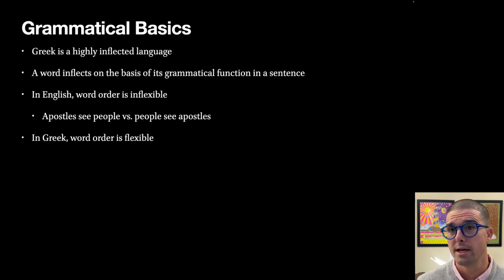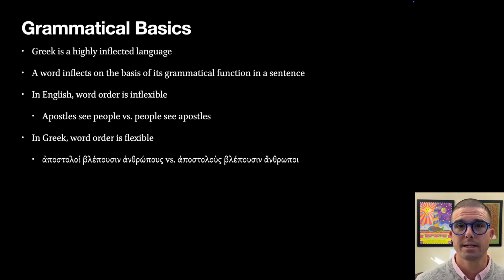In Greek, word order is flexible. You could have the same words in the same order and mean different things because the form of the word would change just slightly to indicate what the subject of the sentence is. So for example, to put these two English sentences into Greek, apostoloi blepousin anthropous means "apostles see people," with the apostles being the ones seeing the people, the anthropous. If you have the same words here, apostolous, notice we have a different ending here.